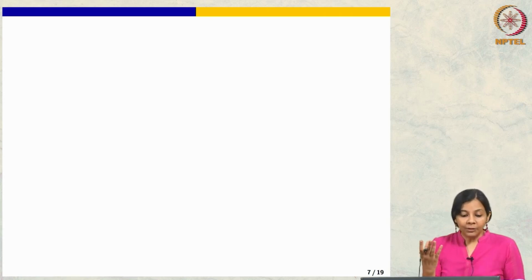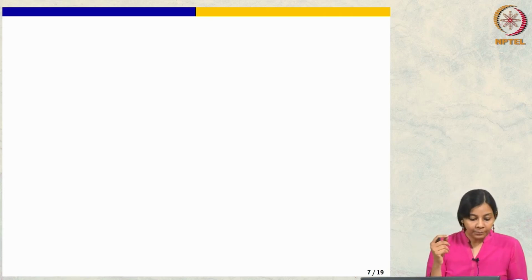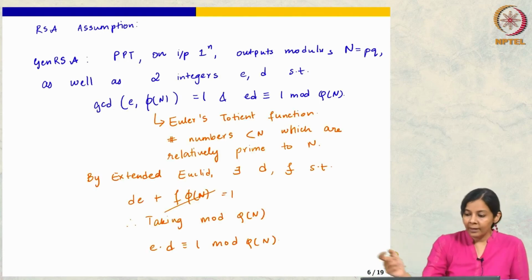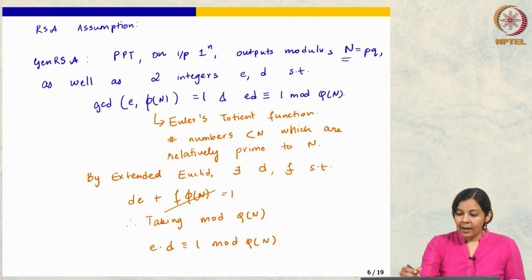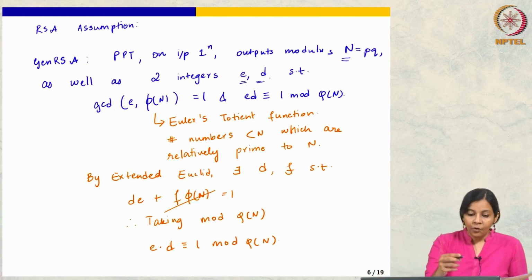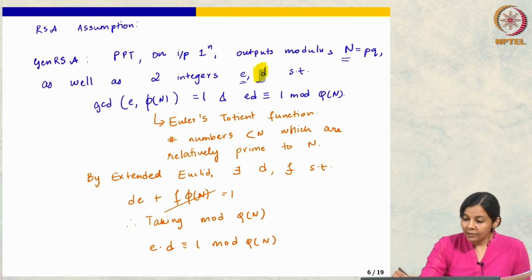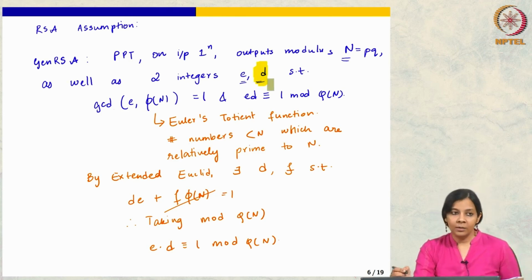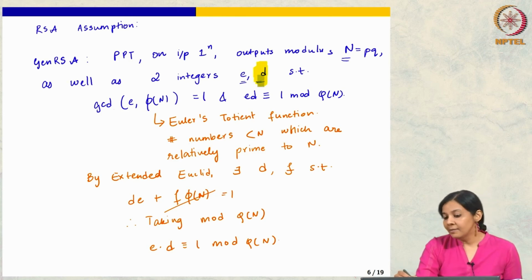Very intuitively, the RSA assumption is going to be that I give you E, I give you N. So remember, here we have N, E and D. What we will do eventually is that this D is named D not as a coincidence. D here stands for decrypt, E stands for encrypt. So essentially this D is going to be private for us. N and E are going to be public.